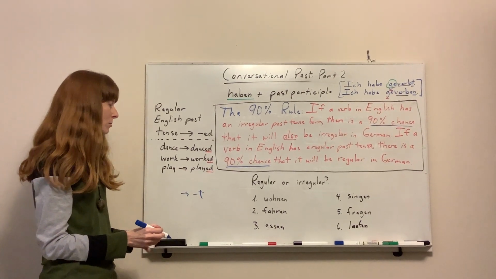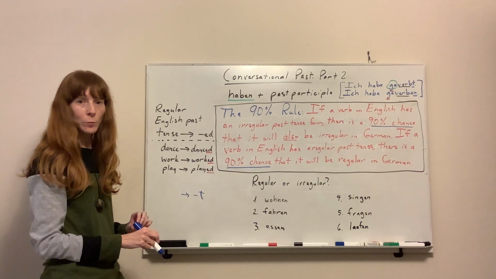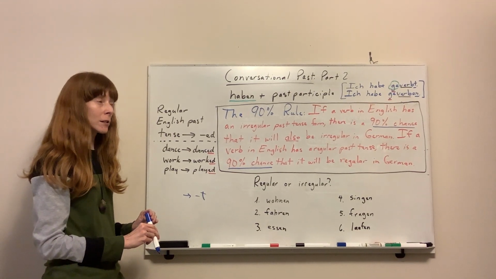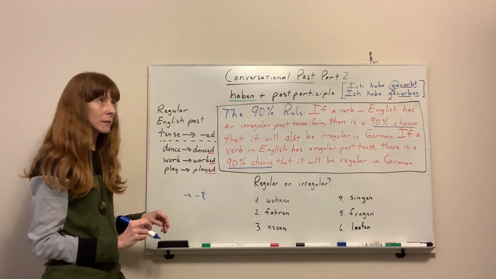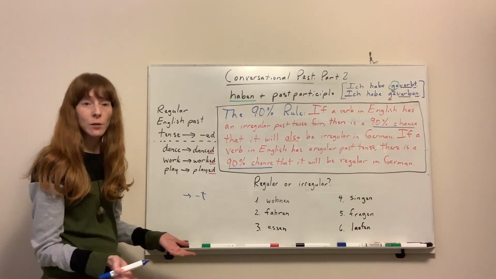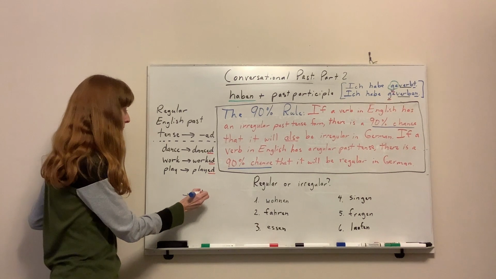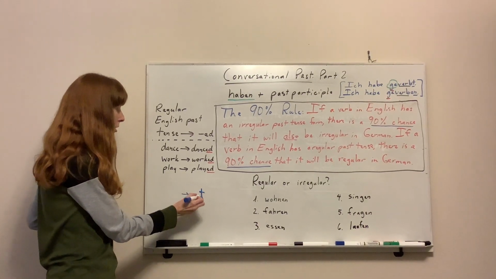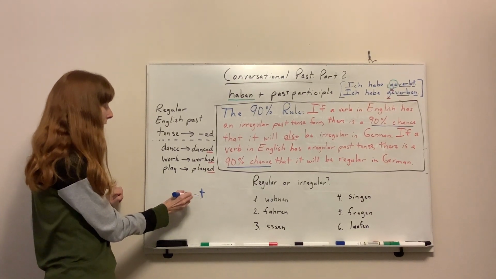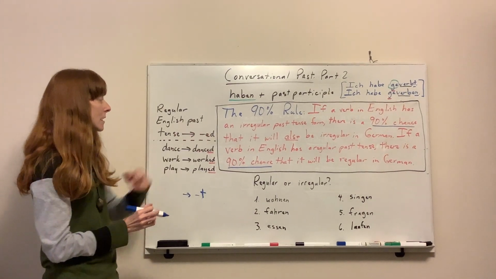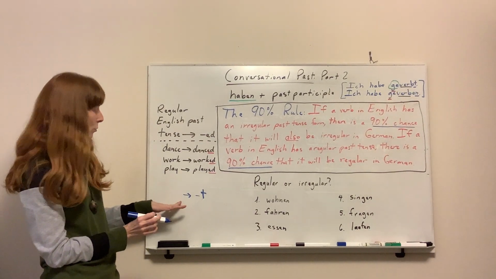That goes back to the Zweite Deutsche Lautverschiebung, the second High German consonant shift. It happened back in the 500s and 700s. So anyway, long ago, German and English used to be the same. So German has that regular ending as a T, and we have ed in English. So keep that in the back of your mind.